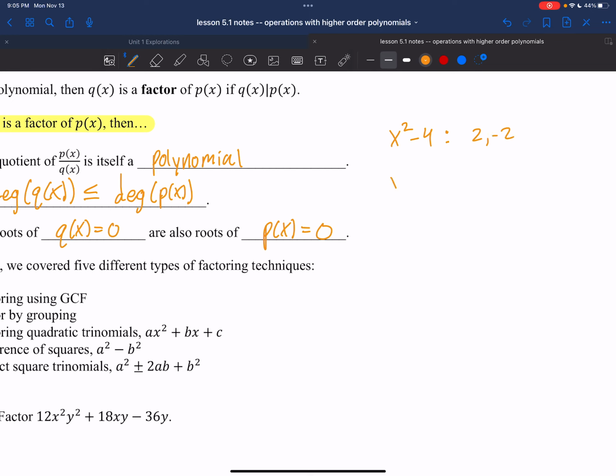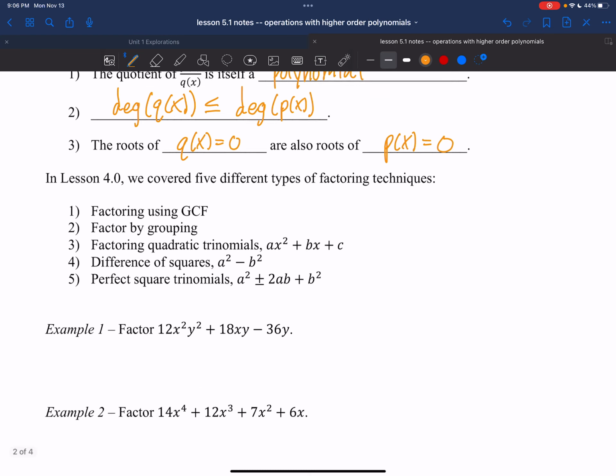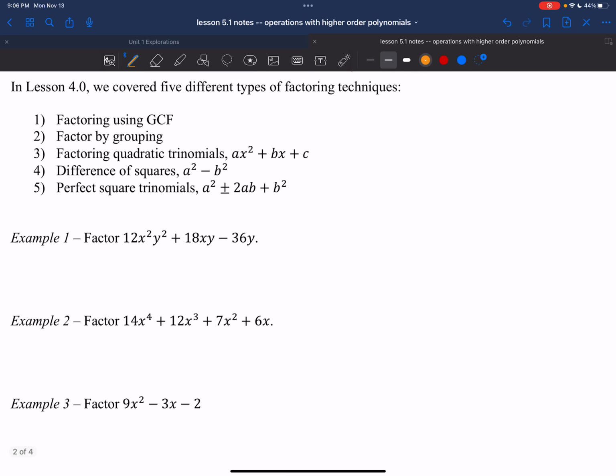And what was the root of x plus 2? Well, negative 2. So negative 2 is a root of the dividing thing, which is present there. But it doesn't work vice versa, right? So you know that if it's a root of the factor, then it's also a root of the overall polynomial. And we've used that principle before anyway.